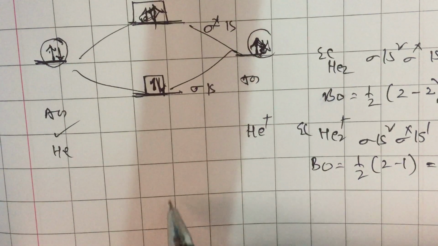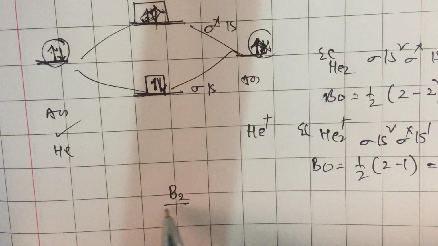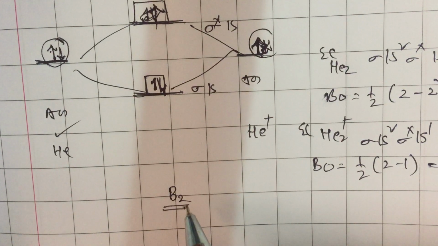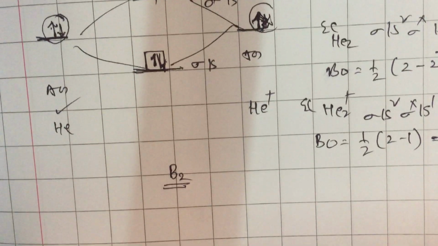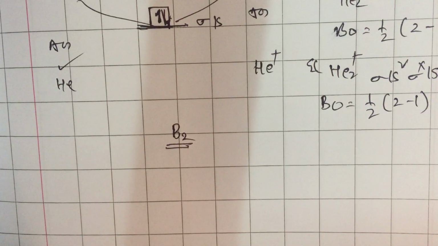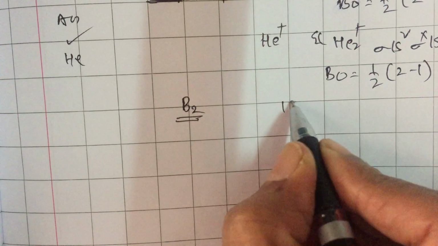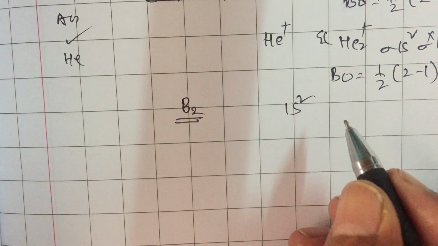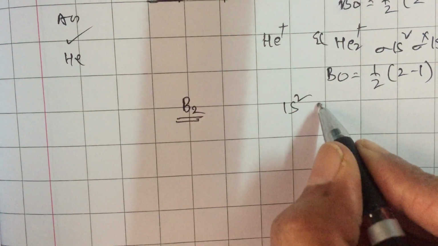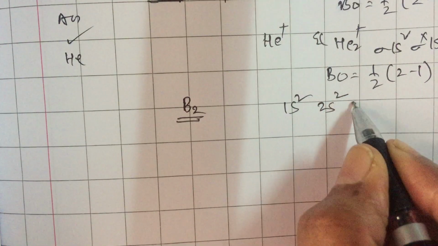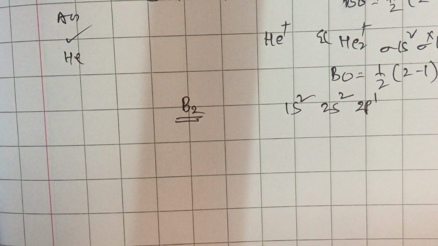So based on this, let us examine, can I have a B2 molecule? If yes, what is its magnetic nature? Now the B2 molecule: boron has atomic number 5 and its configuration, as you know, is 1s2, 2s2, 2p1.